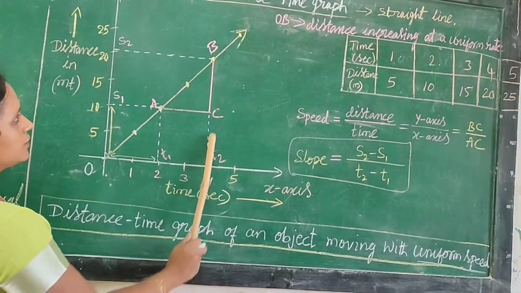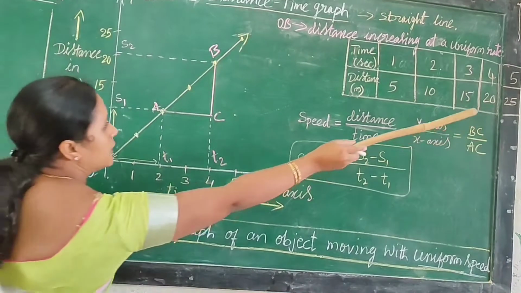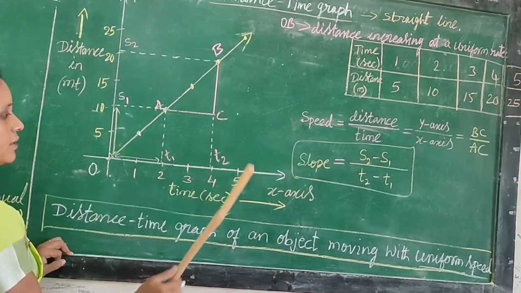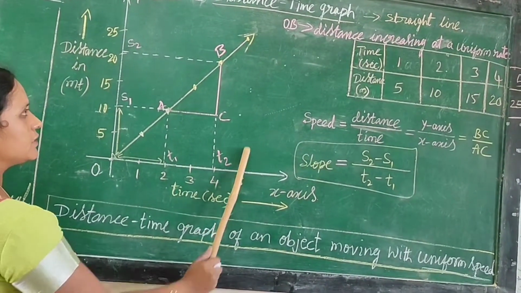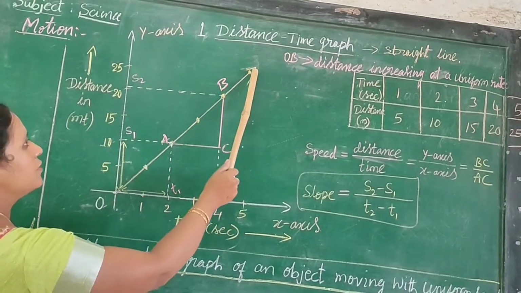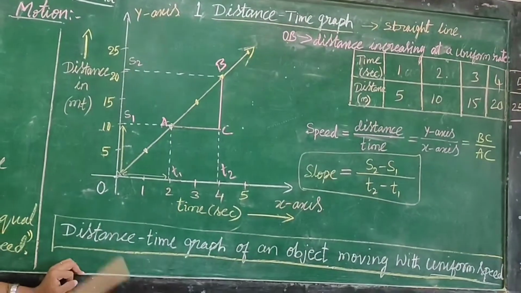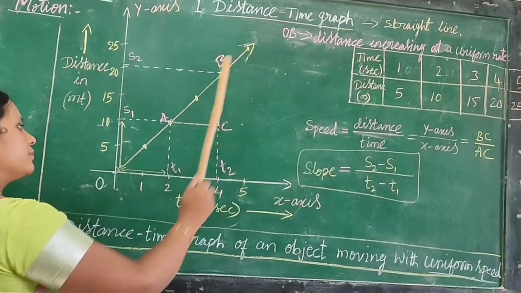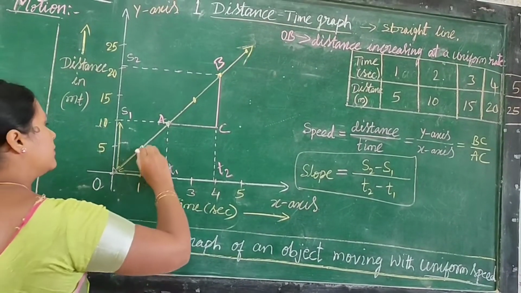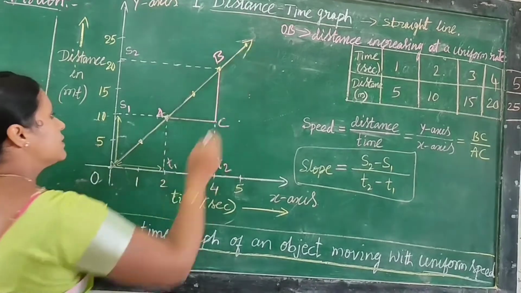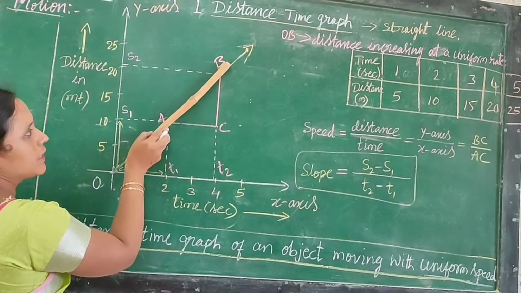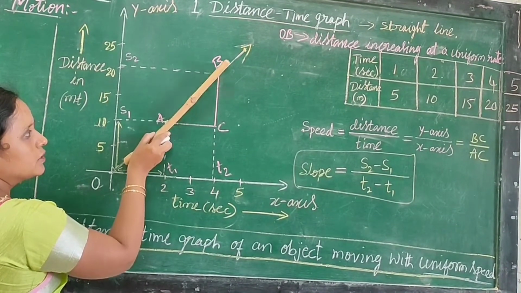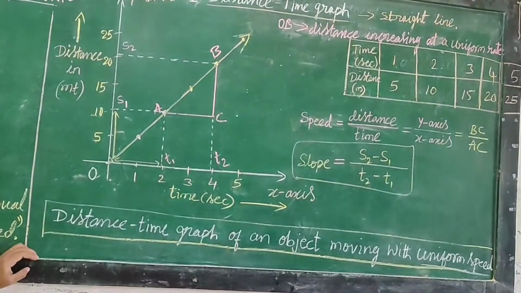And in 4 seconds, the distance travelled is 20 meters. And in 5 seconds, the distance travelled is 25 meters. By using this, now I will join all the points like this. Now I get the straight line graph.